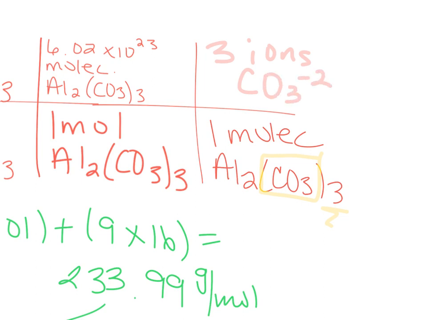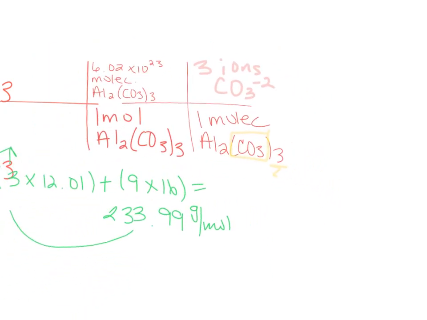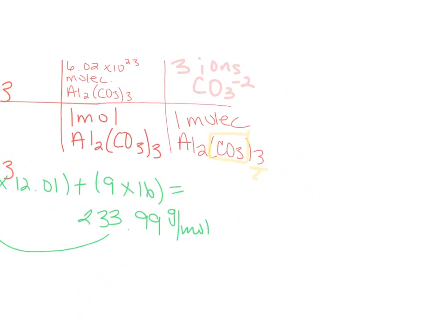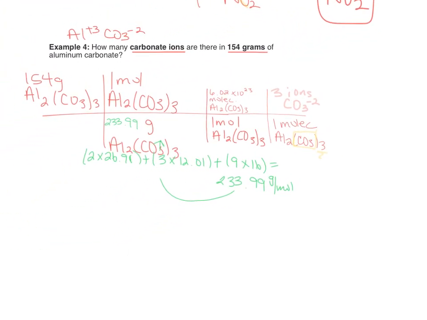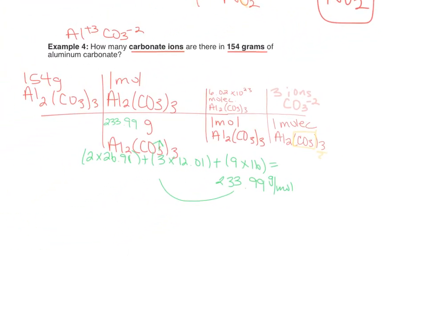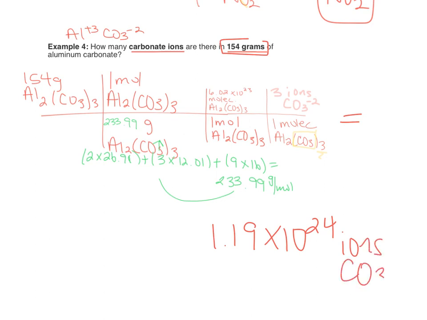So I know that last step can be a little weird, that counting aspect of it. So you multiply across the top and the bottom. There we go, to get our answer. And we're going to round this answer to 3 sig figs, since that's the least number in the given problem. You're going to get 1.19 times 10 to the 24th ions of carbonate.